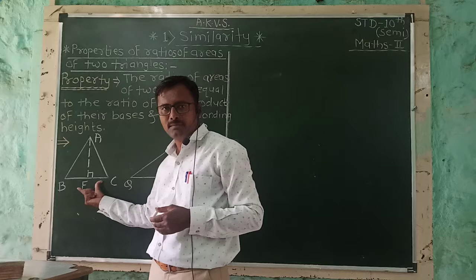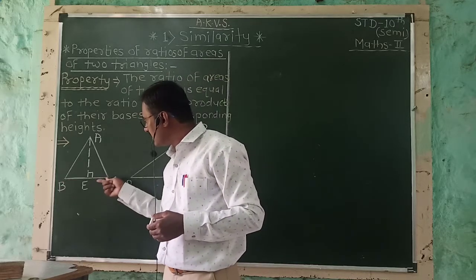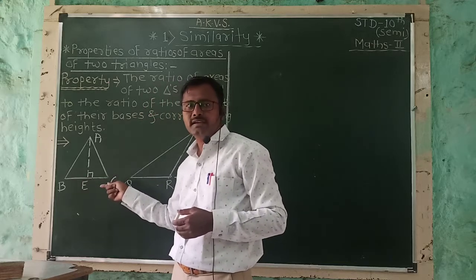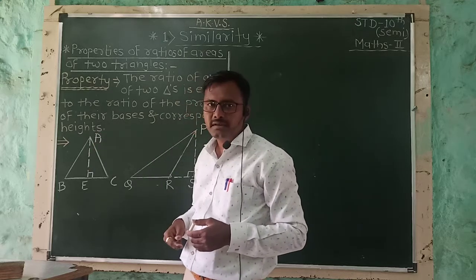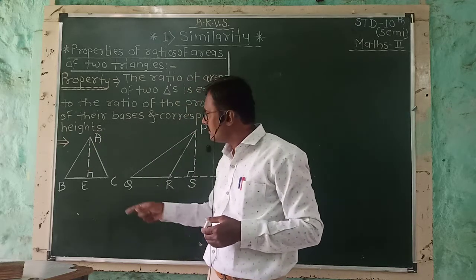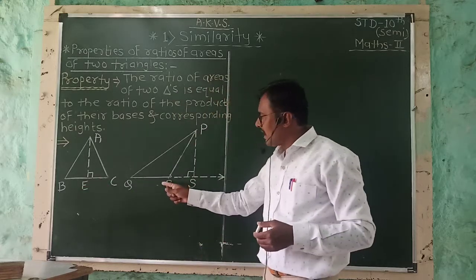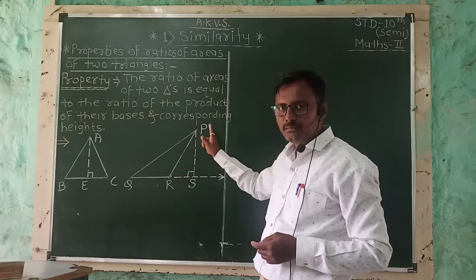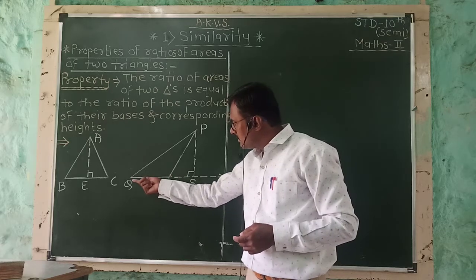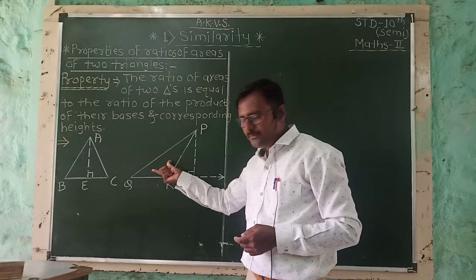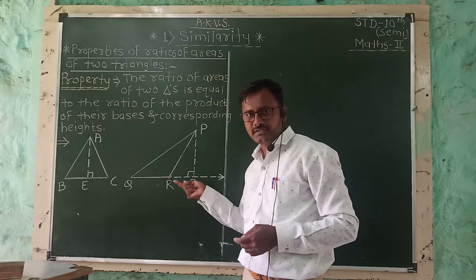Now, here is one of the triangles. In triangle ABC, we have considered side BC as its base and AE is the height related to side BC. The other triangle, triangle PQR, is actually an obtuse triangle, and we consider its side QR as its base.